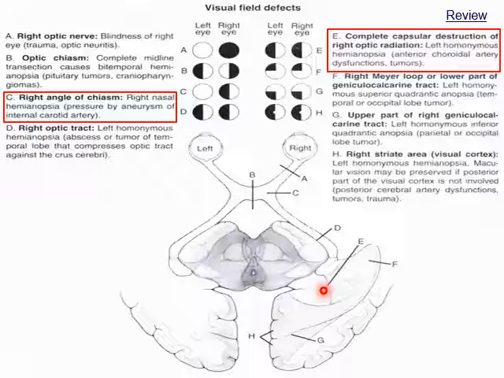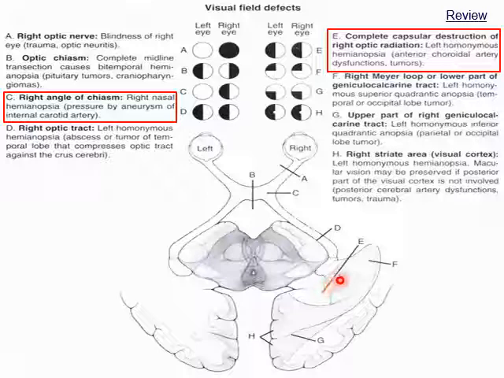This is complete capsular destruction of the optic radiation. And why do we call it capsular? Because you know that the optic radiation runs in two parts, the retrolenticular part and the sublenticular part of the internal capsule. That's why you call it capsular.